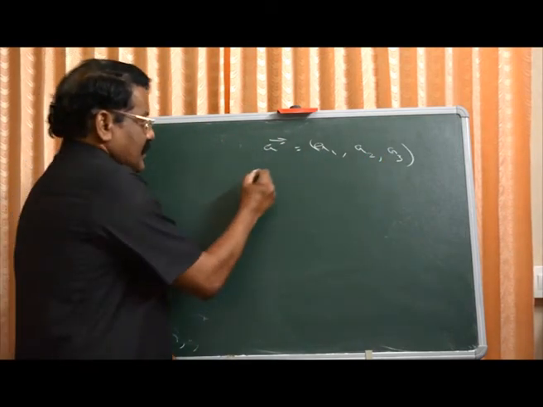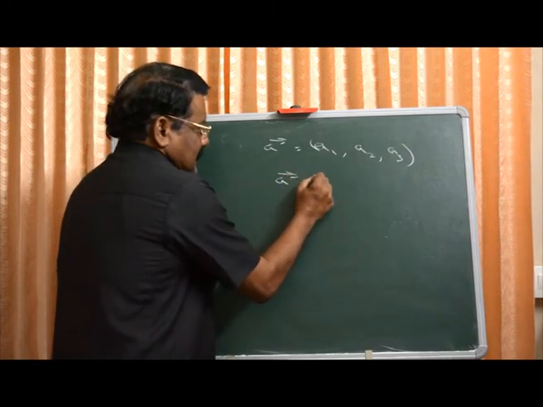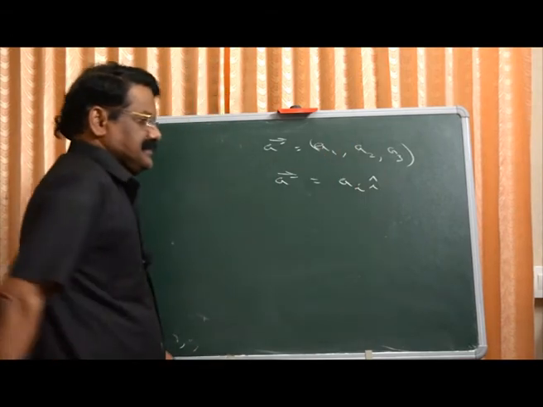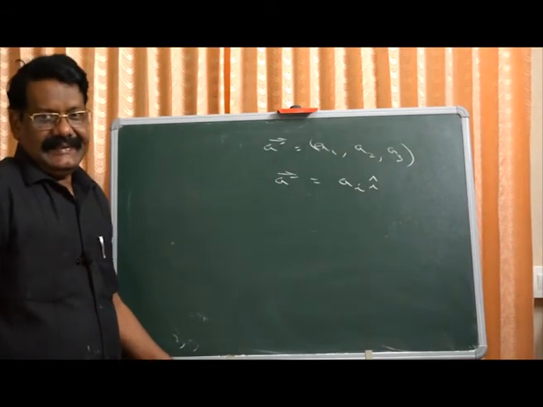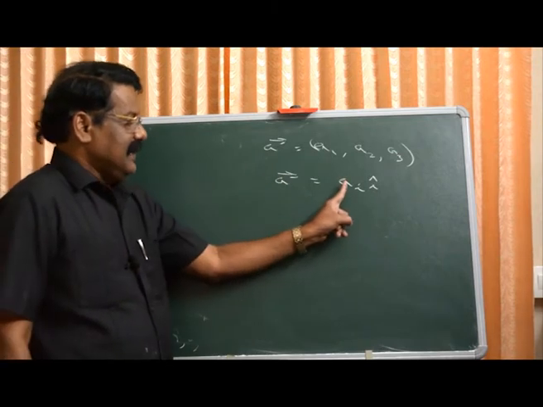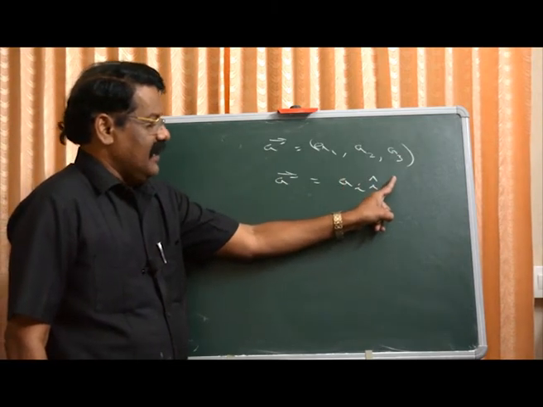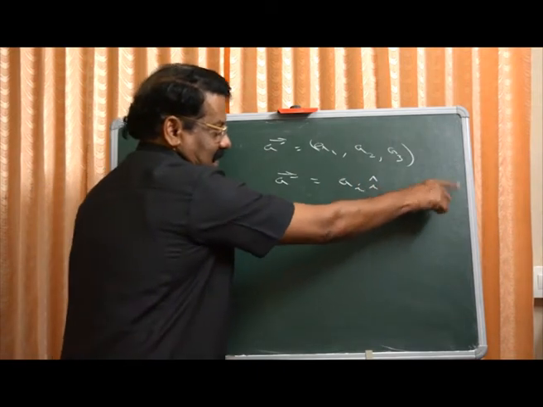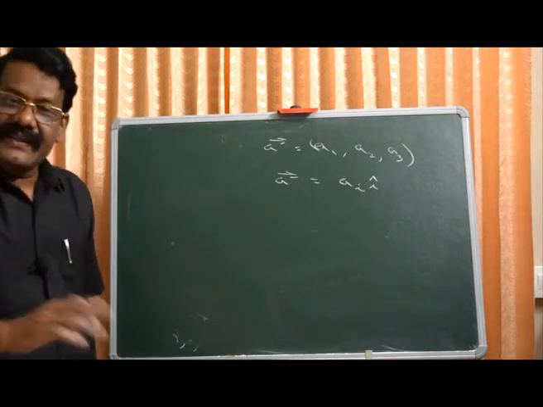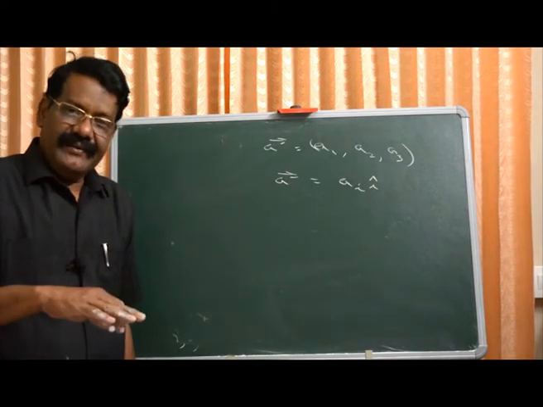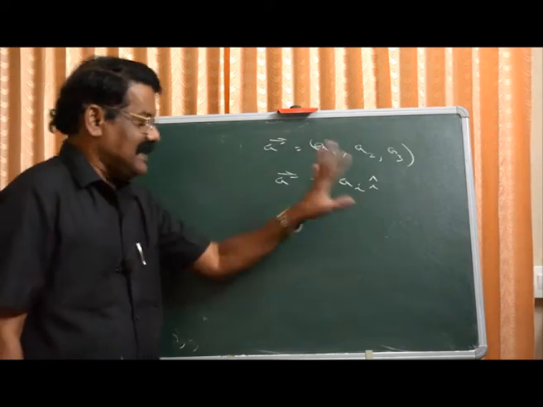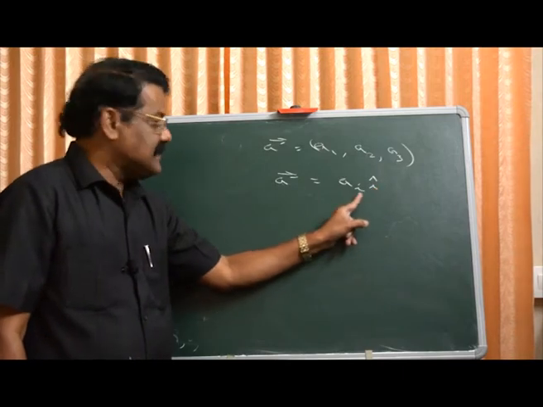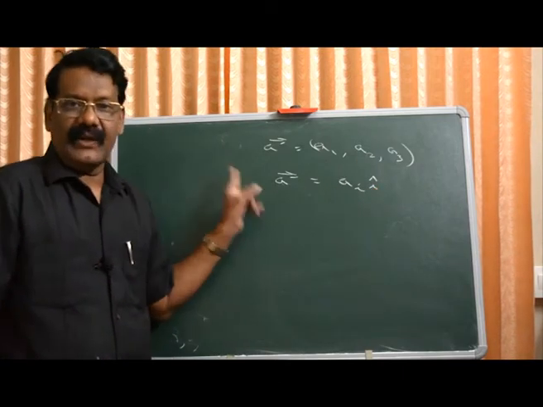In tensor language, this can be rewritten as A_i. Expanding, we get A equal to A1 i cap plus A2 j cap plus A3 k cap. 1 means x, 2 means y, 3 means z. So symbolically in the tensor world, vector A is written as A_i i cap. This is the tensor notation. This is the vector notation.